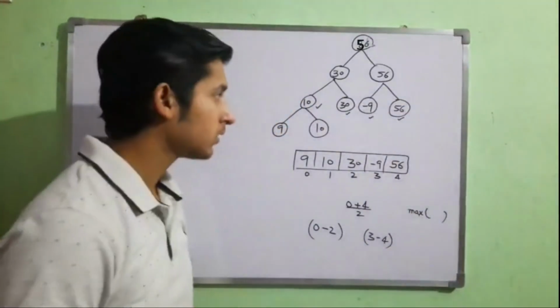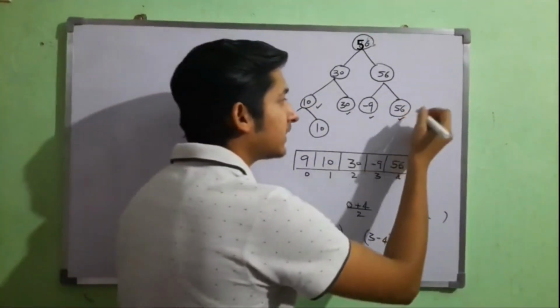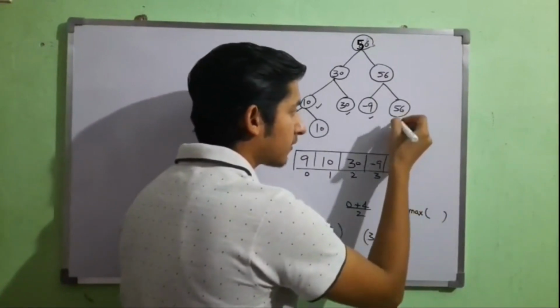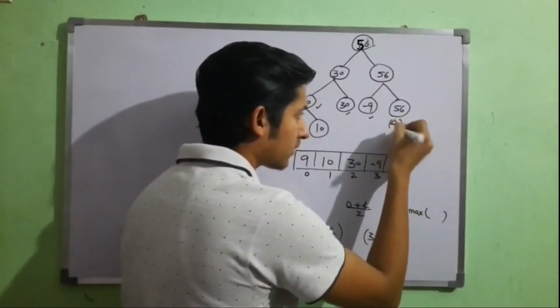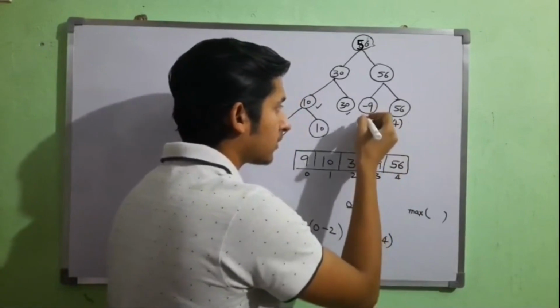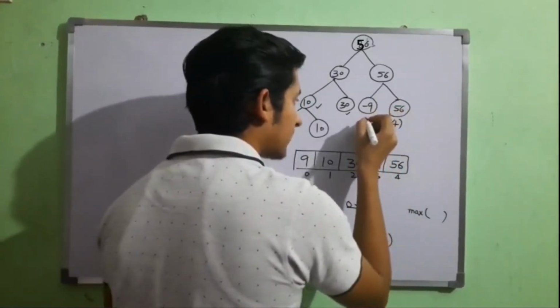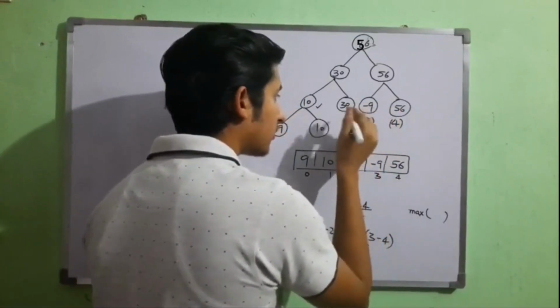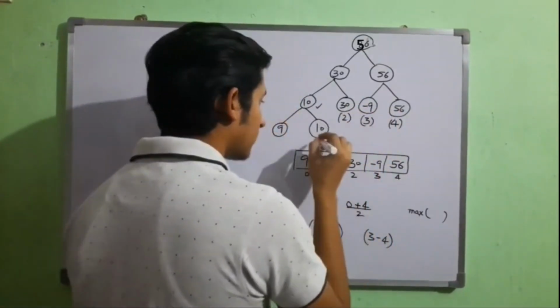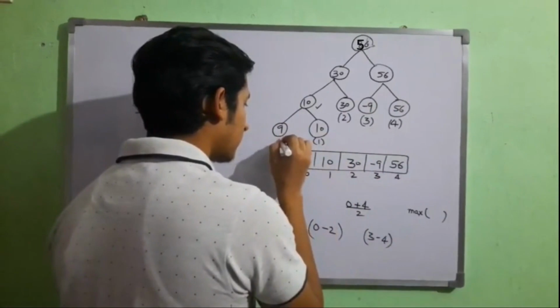So now, basically, this is having a range of 4 only. Just one element in the range. Same for this, for this, for this, for this.